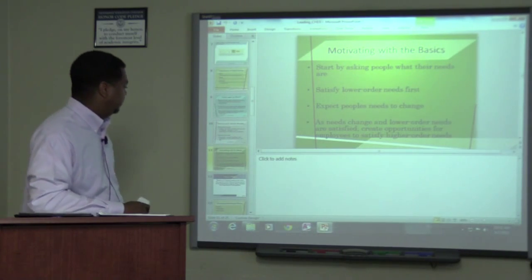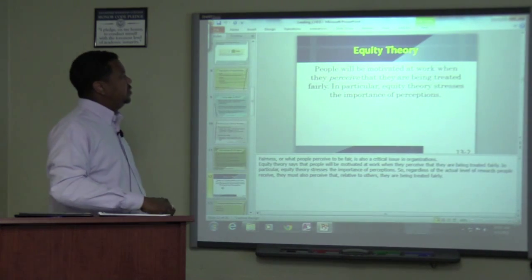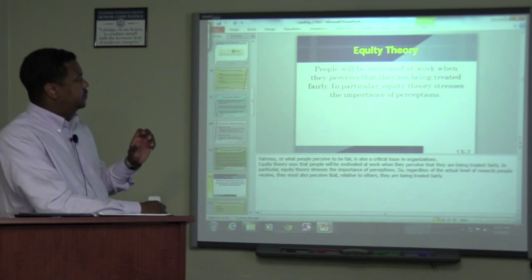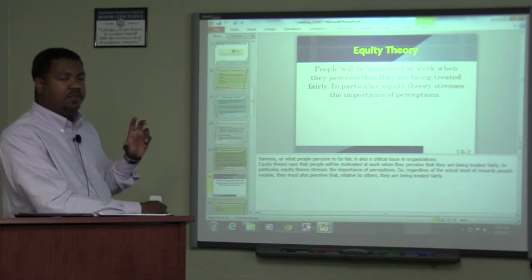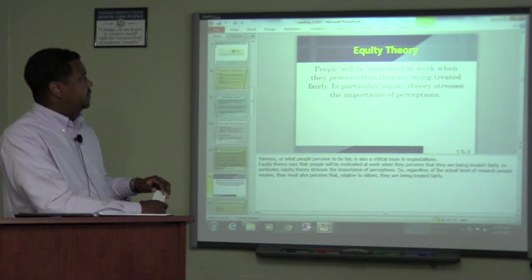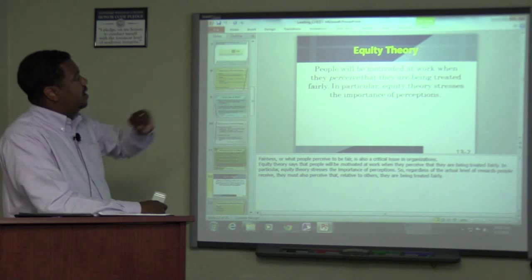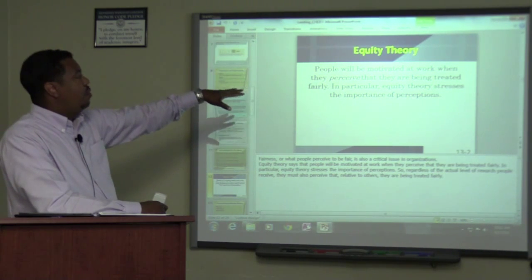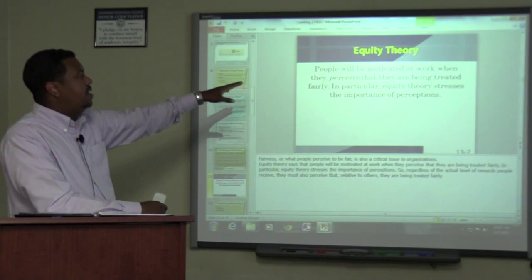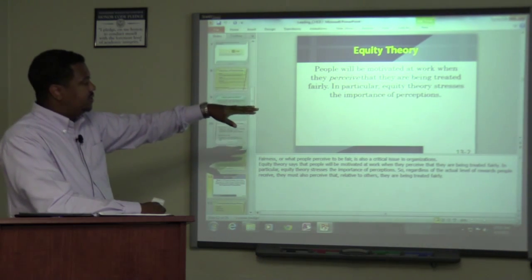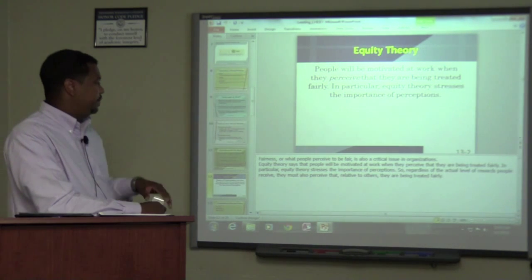order of needs. So let's switch to a little bit more beyond the basics of motivation of individuals to specific theories that we can anchor some of our motivation concepts. Equity theory basically indicates that people will be motivated at work when they perceive that they are being treated fairly. In particular, equity theory stresses the importance of perceptions.